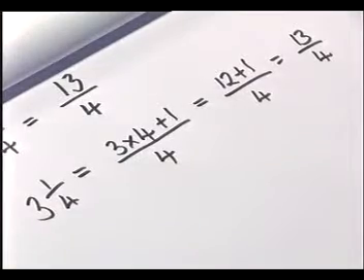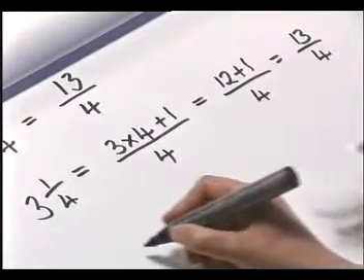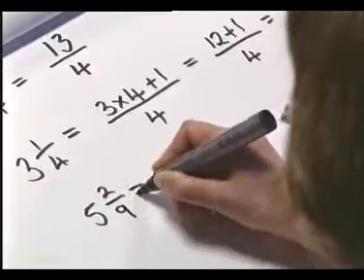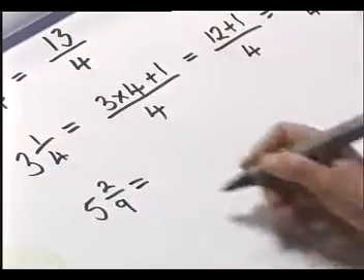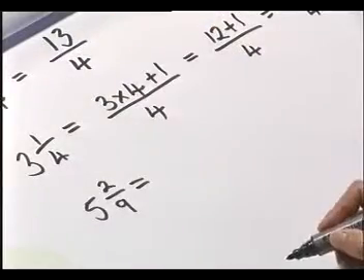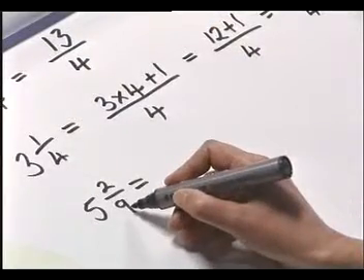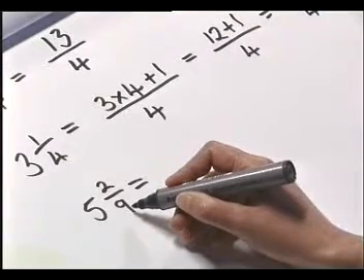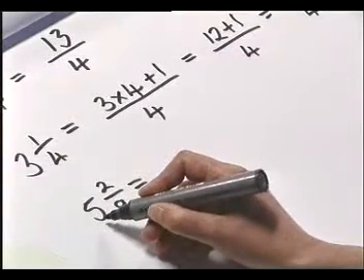Let's have a look at one more example. Let's say we've got 5 and 2/9. We want to turn it into this format. 9ths. Well, if we want to take a whole one, we need 9/9. And we've got 5 whole ones.